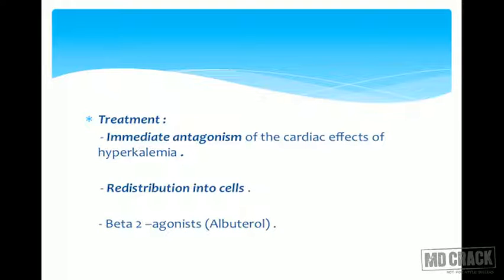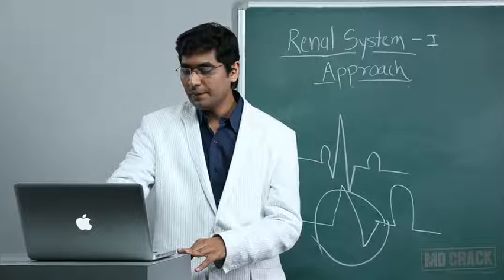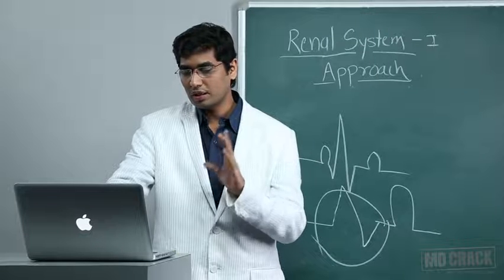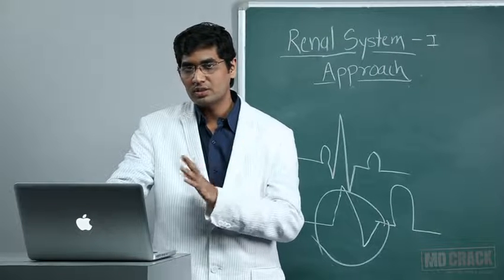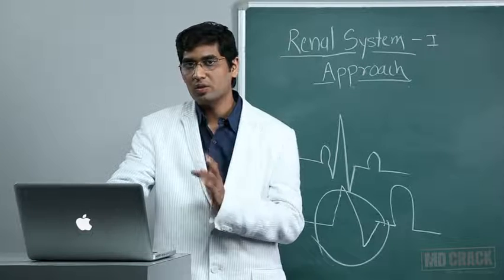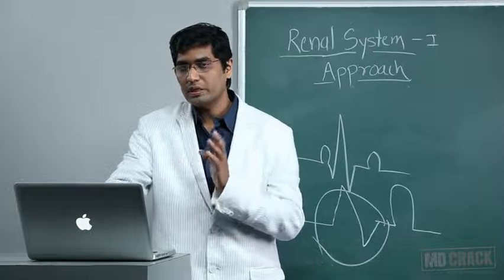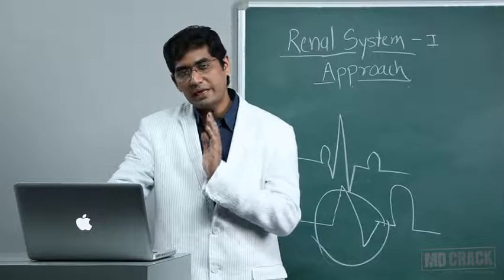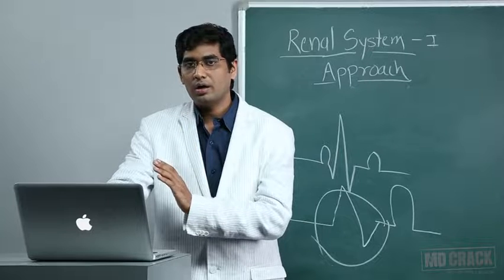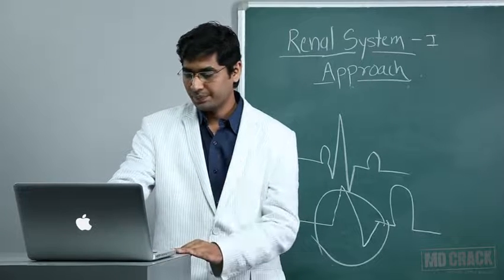This is a classical glucose insulin drip, and it can shift most of the potassium within 30 minutes. Beta 2 agonist, not a beta 2 antagonist, that is not a beta blocker, but a beta 2 agonist like albuterol, we can give by nebulization. It again shifts potassium from outside to inside.